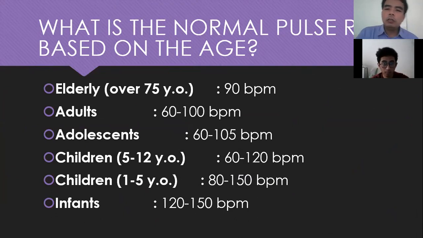Children are divided into two: children 5 until 12 years old, 60 until 120 beats per minute, and children 1 until 5 years old, 80 until 150 beats per minute. It's quite fast for children younger than 5 years old. And for infants or newly born babies, 120 until 150 beats per minute.